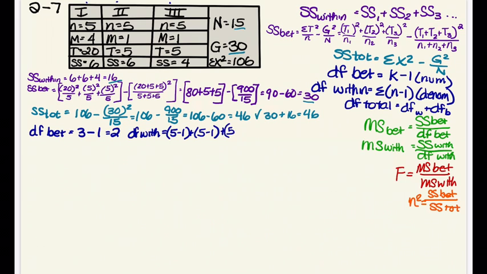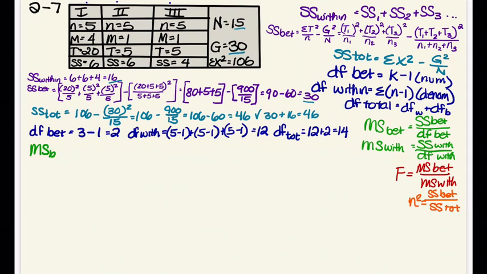So 5 minus 1 is 4, plus 4, plus 4, which is 12. The degrees of freedom total is the degrees of freedom within plus the degrees of freedom between treatments, which is 14.